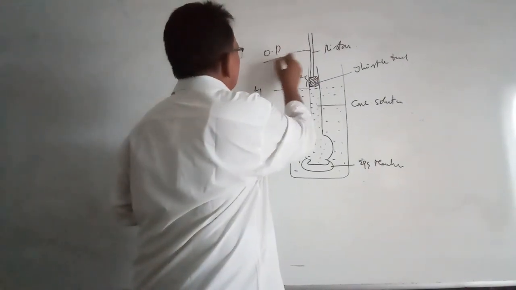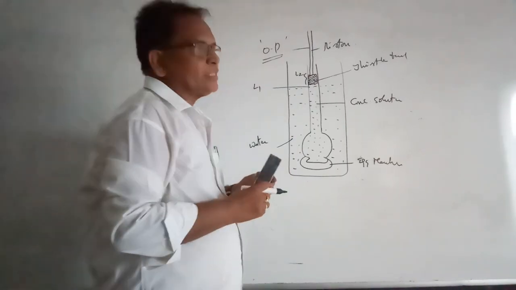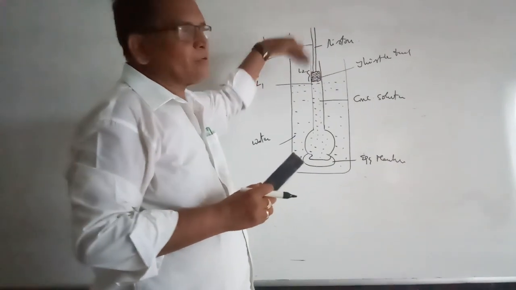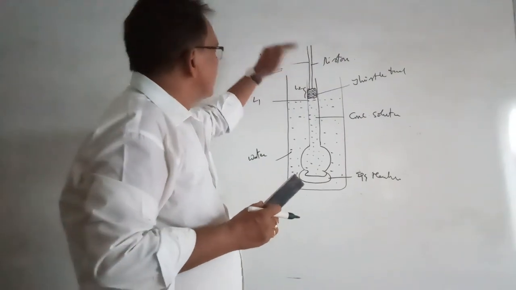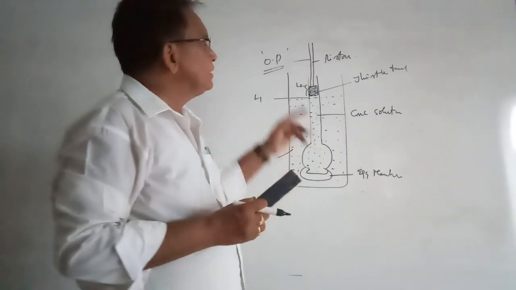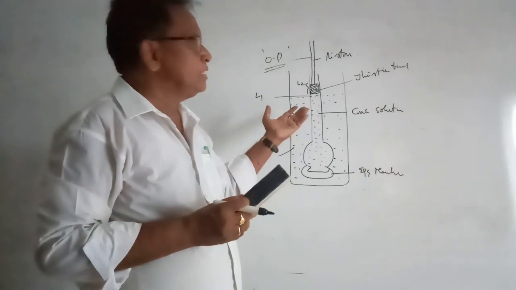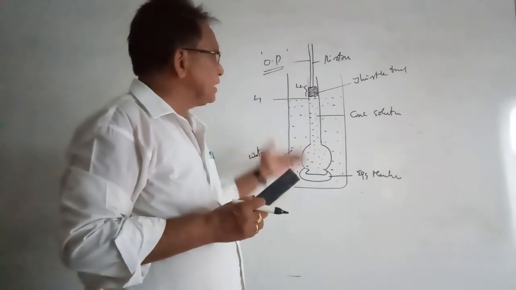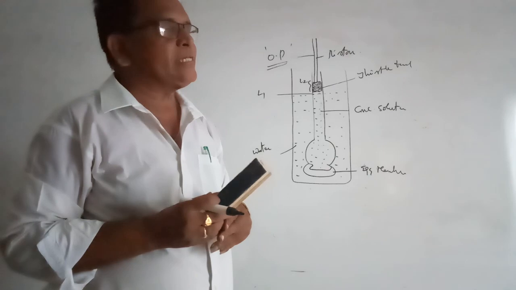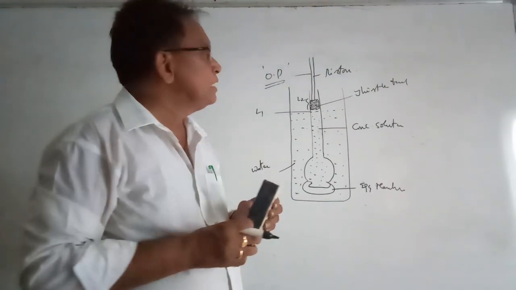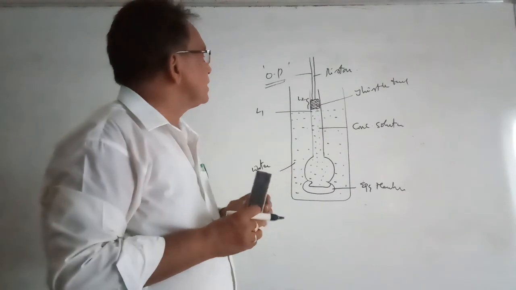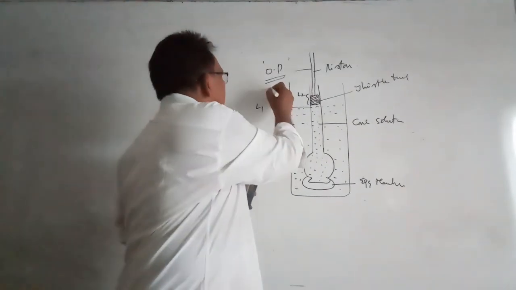The osmotic pressure, the pressure that we have exerted from outside, is always higher than the atmospheric pressure. And with that pressure, we can prevent the entry of water molecules from outside. This pressure is called osmotic pressure, and the value of this osmotic pressure is also positive.